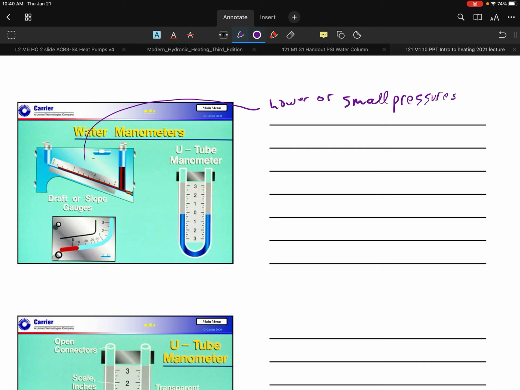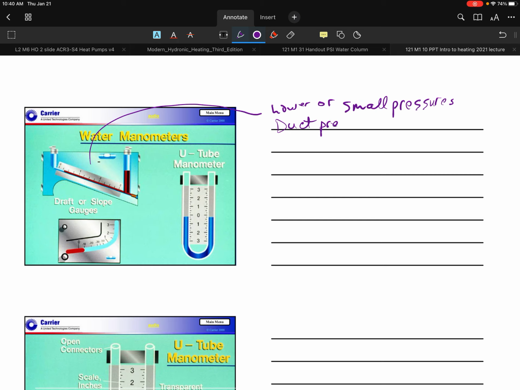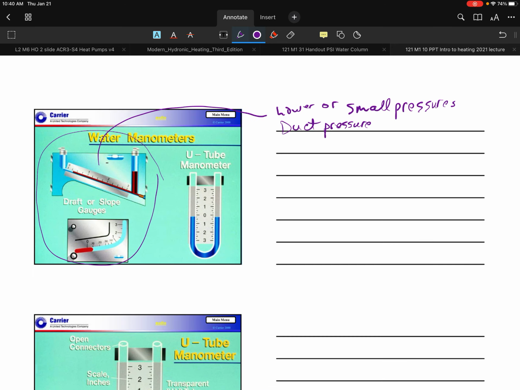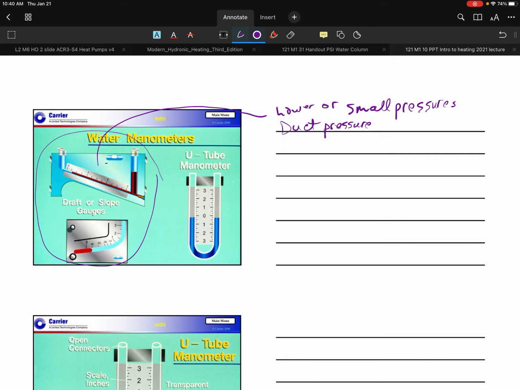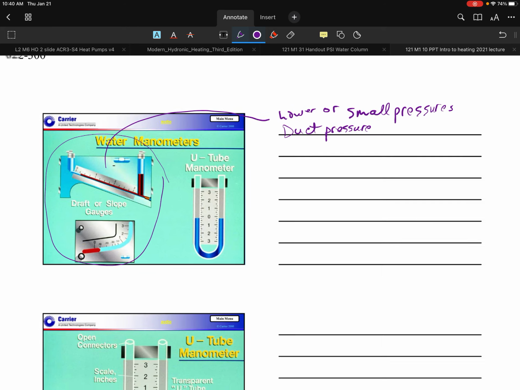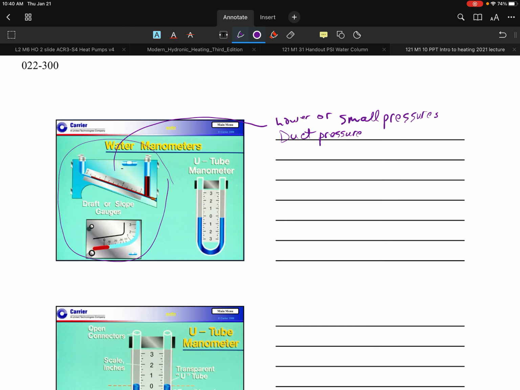As a general rule, if I'm looking at duct pressure, I could see that being a good application, primarily for both of these two. So for duct pressure, whether it's supply or return, either one of them would do the job.